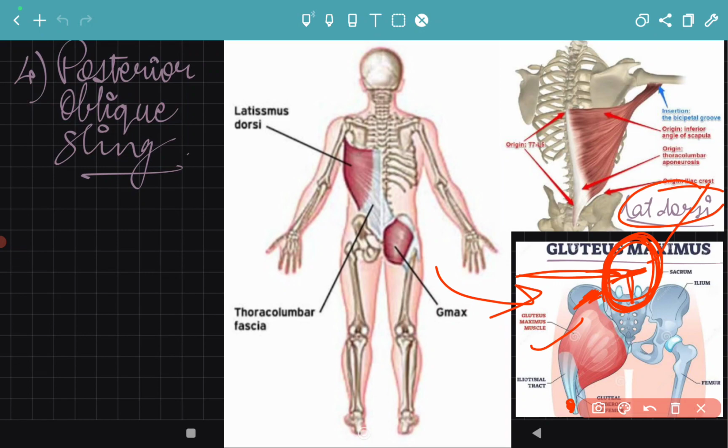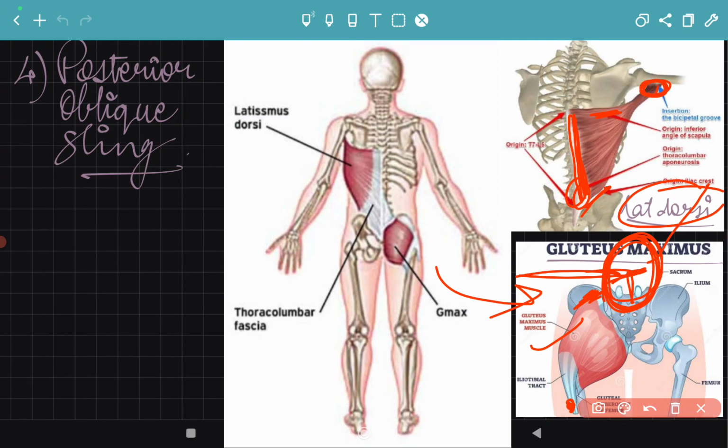So we have the attachment again at iliac crest and the thoracolumbar aponeurosis, as well as the inferior angle of scapula, T7 to L5 vertebra, and the bicipital groove of humerus.